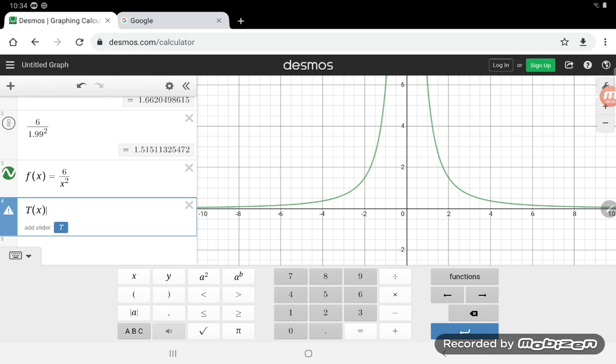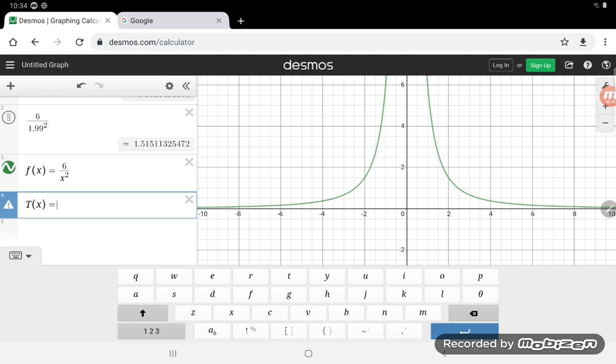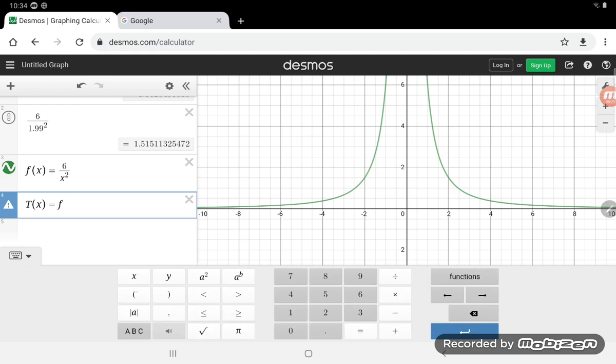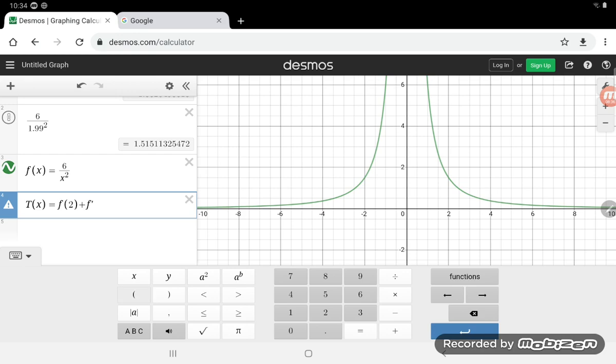But if we do T of x, and we write that as, let's see, equal f of 2, and then plus f prime, and I need to shift to get the prime, of 2.